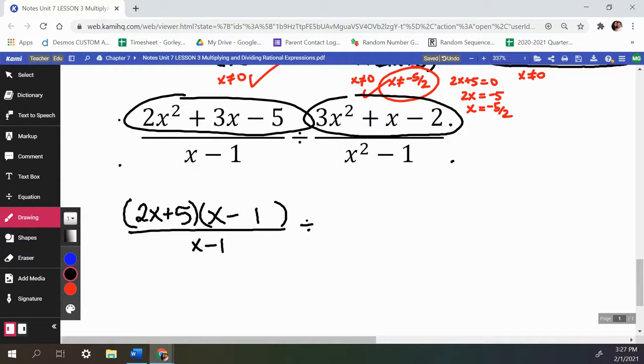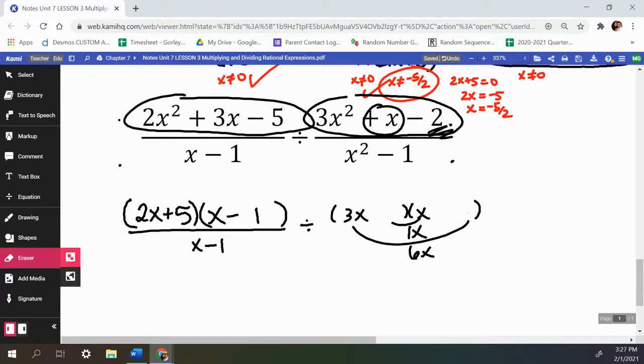This guy over here, we've got 3x times x is 3x squared. What multiplies to give me 2? Maybe 2 and 1. Here my outers would be 6x and my inners 1x. That's not going to give me a 1x in the middle. Let's flip this, maybe try the 2 here and the 1 there. We would get 3x on the outside, 2x on the inside. Yep, that would work.